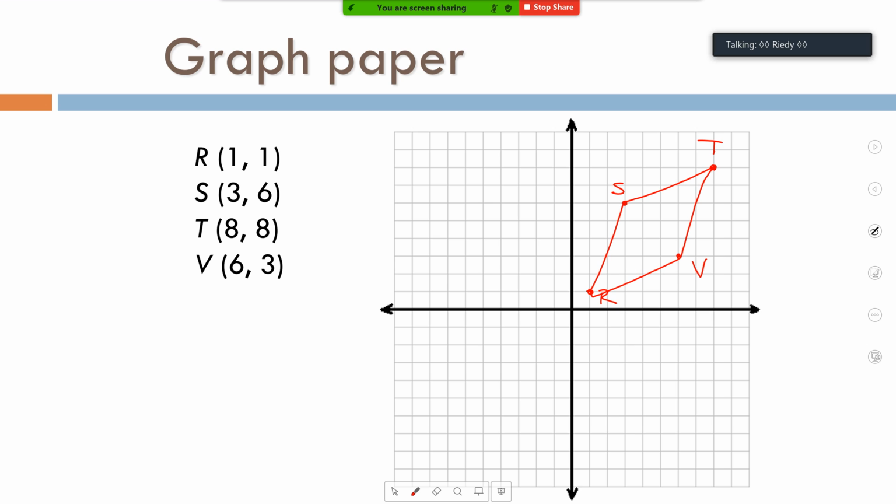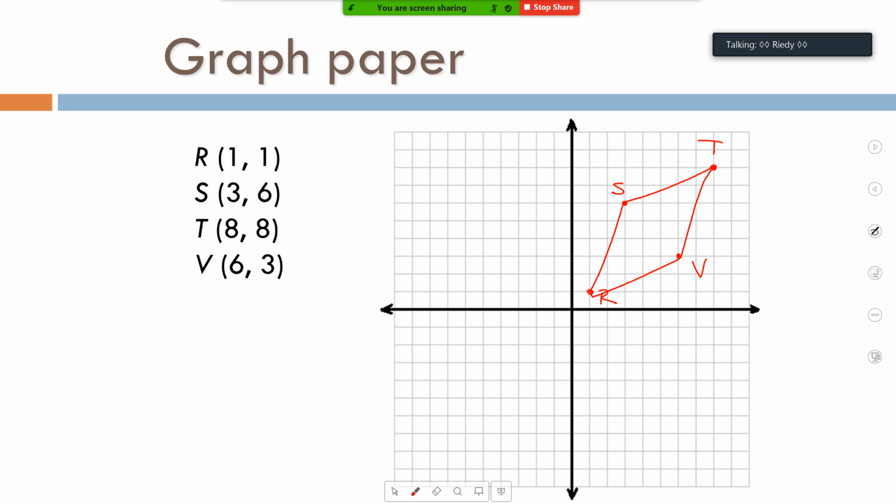Now, there are a lot of different ways to check it. In fact, any one of the things that we talked about already would allow you to show that that's a parallelogram. So let's start with the simplest thing. I believe it was Emma that gave us a definition. So we could talk about parallel sides.